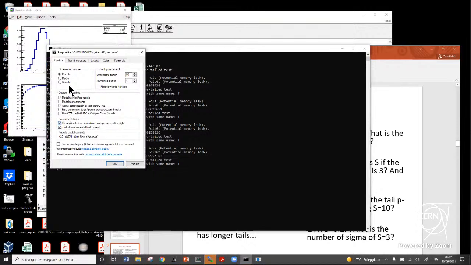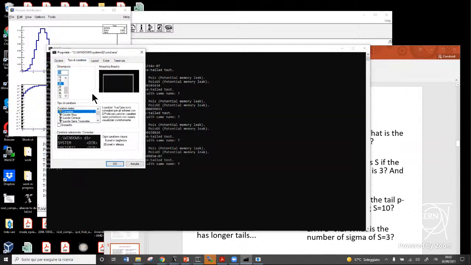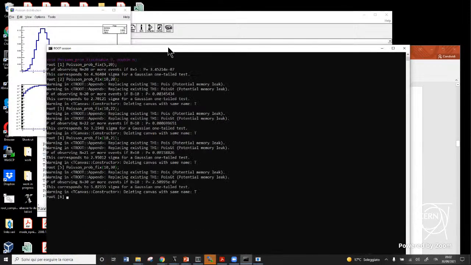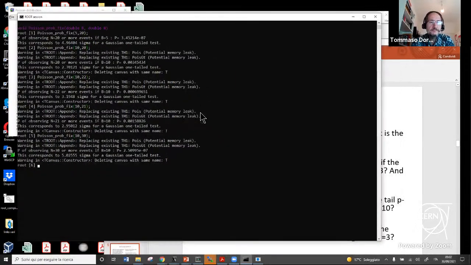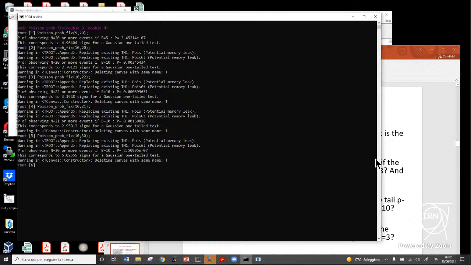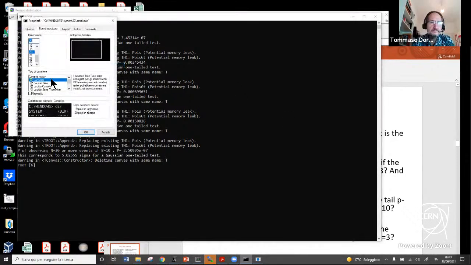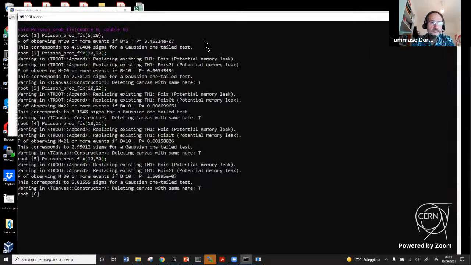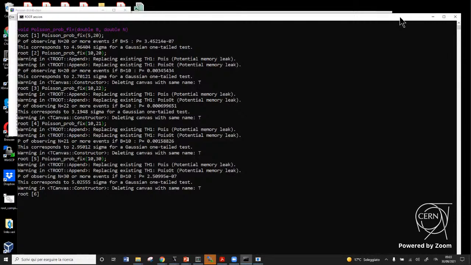Then you go to the second tab probably. Yes, you can change now the size. Okay, very good. Do you see better now? It could be even larger. Even larger, okay. Yes, very good. Thank you.